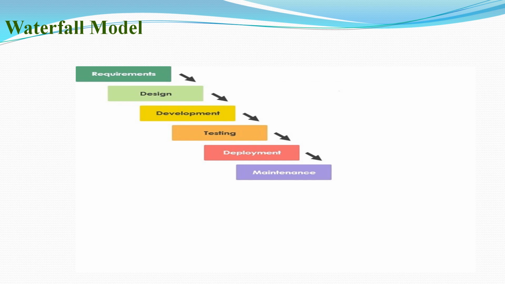I repeat, irrespective of the model and irrespective of the stage, either it may be requirements or design or development or testing, the documents of each and every stage or phase should be frozen. What do you mean by the freezing of the document? That means the finalization of the document.